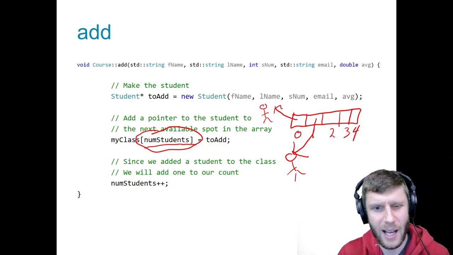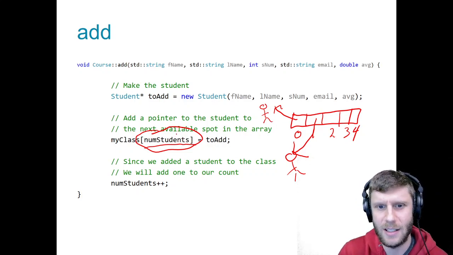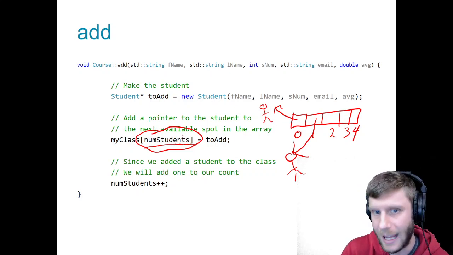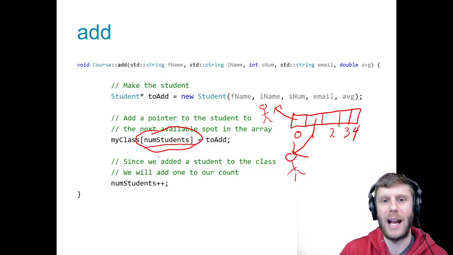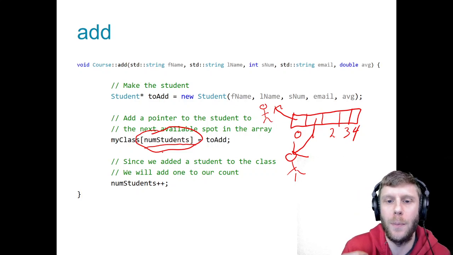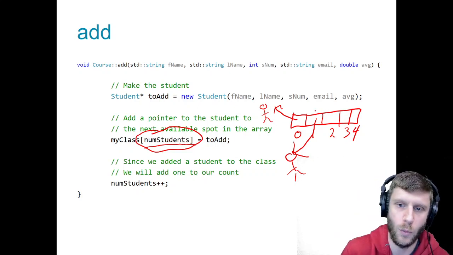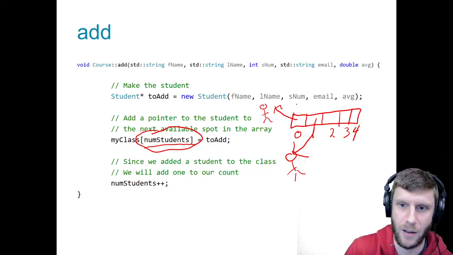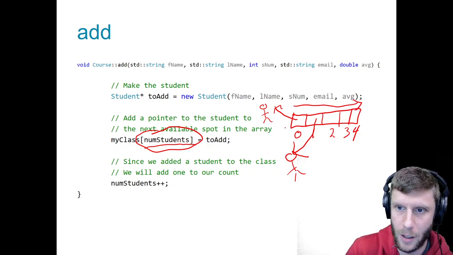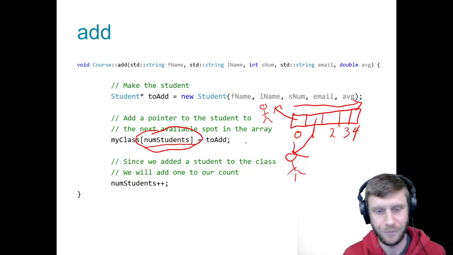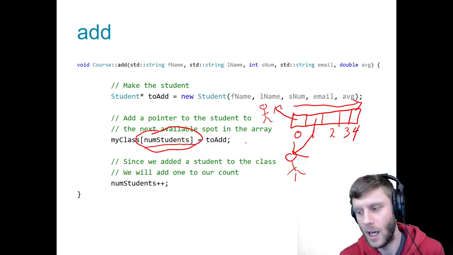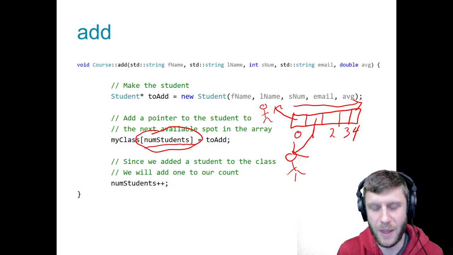It's keeping track of how many students there currently are in the class, but it also keeps track of the next available spot for a student to go, because we'll just keep building our student class from 0 up. Okay? But of course, you might see a problem with this.